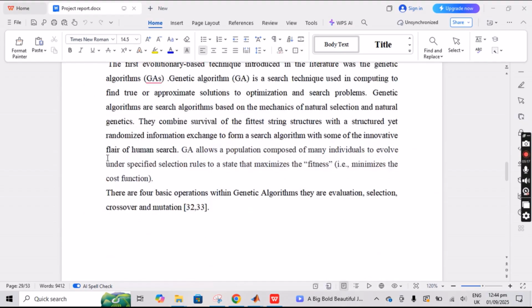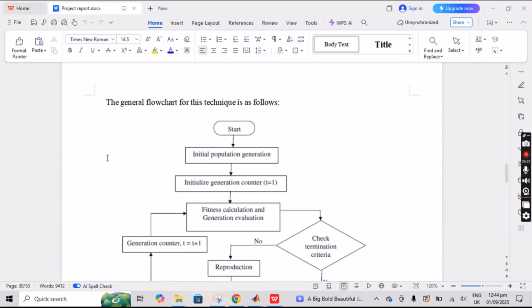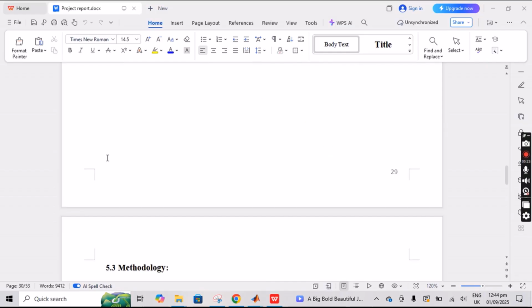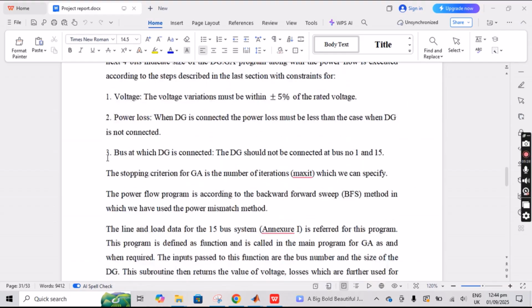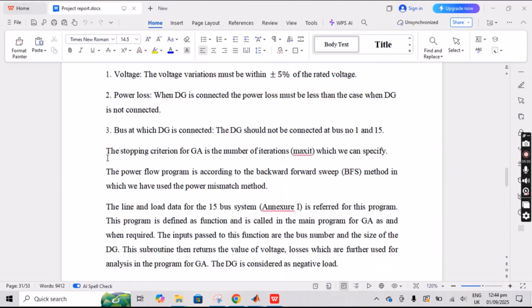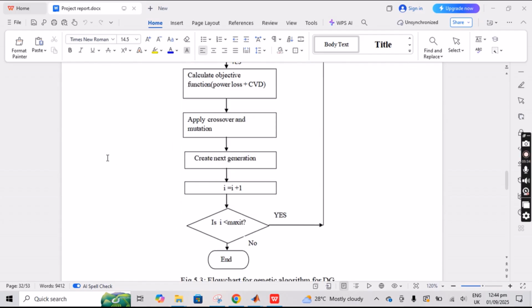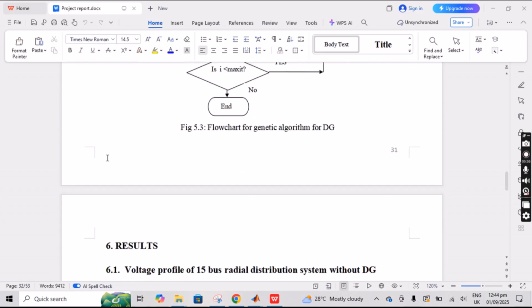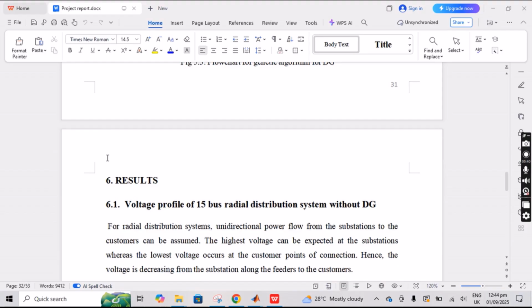Objective function, genetic algorithm, explained everything, and according to the flowchart of the technique as well. The methodology is how I have developed the complete system according to different bus levels and different bus structures, in which I have added the complete genetic algorithm for distribution generation.